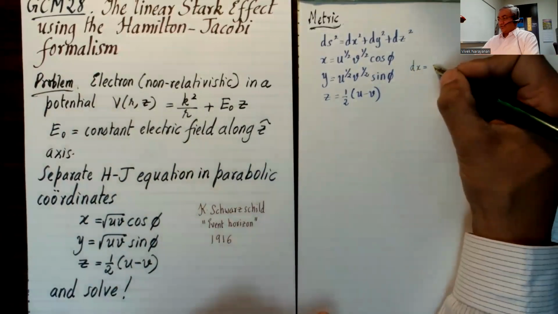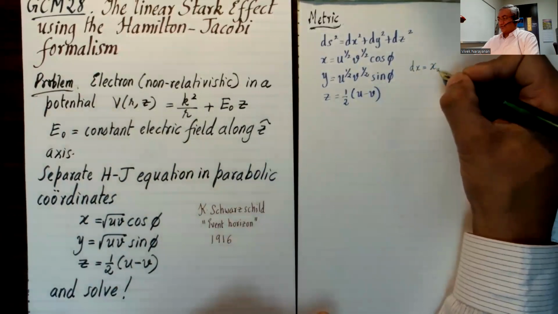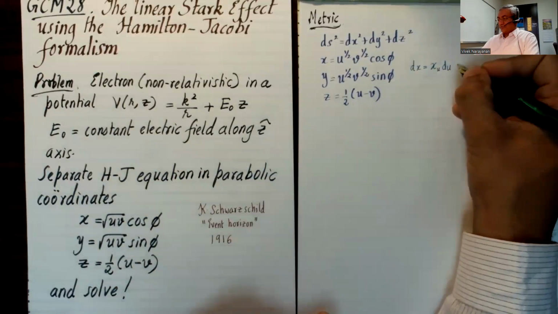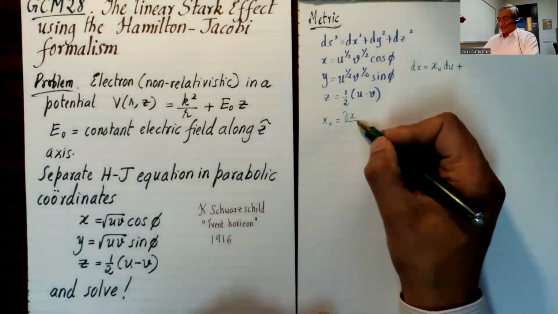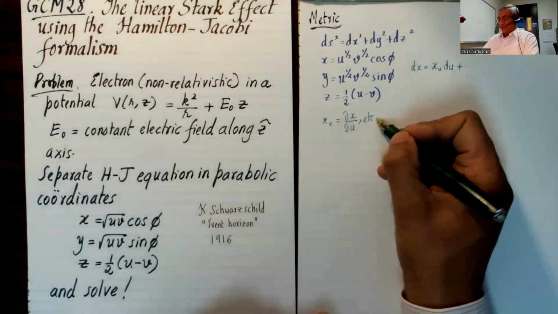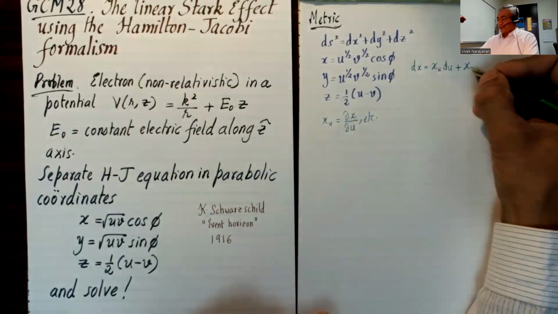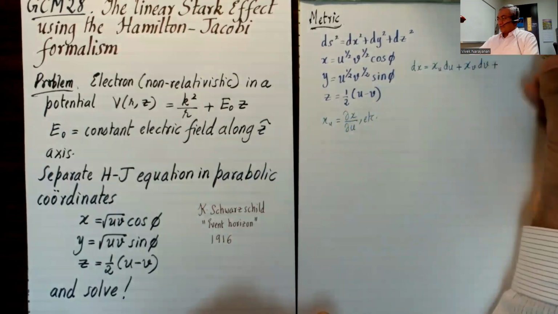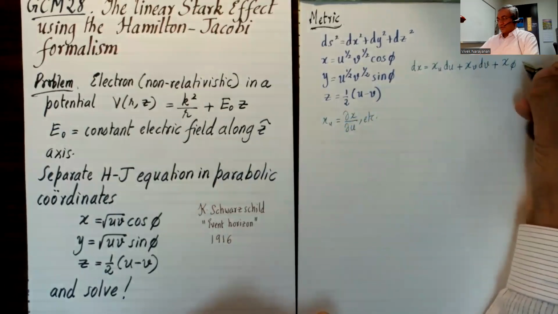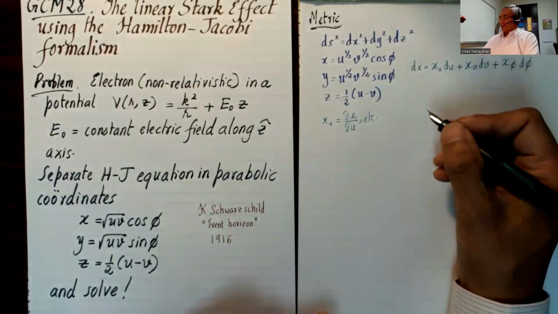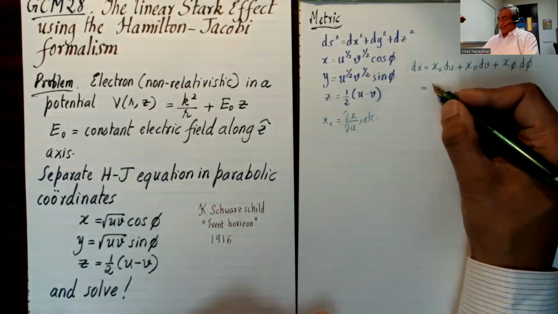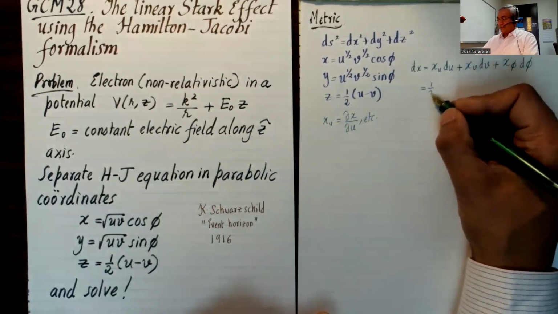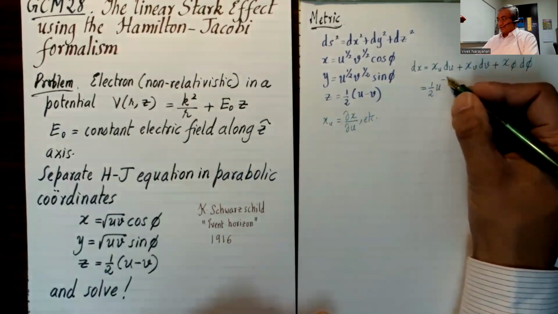So dx is del x by del u, which I'll write as x sub u. So my new notation is going to be x sub u, x sub v, etc. Carry out the mathematics. When I differentiate x with respect to u, I get 1/2 u to the minus 1/2.